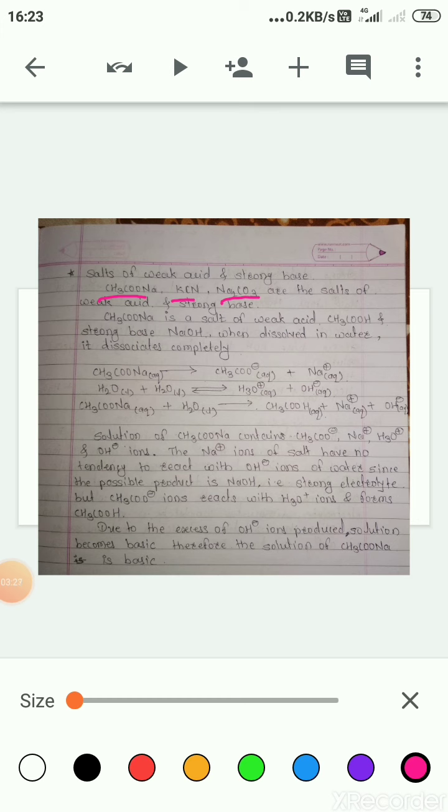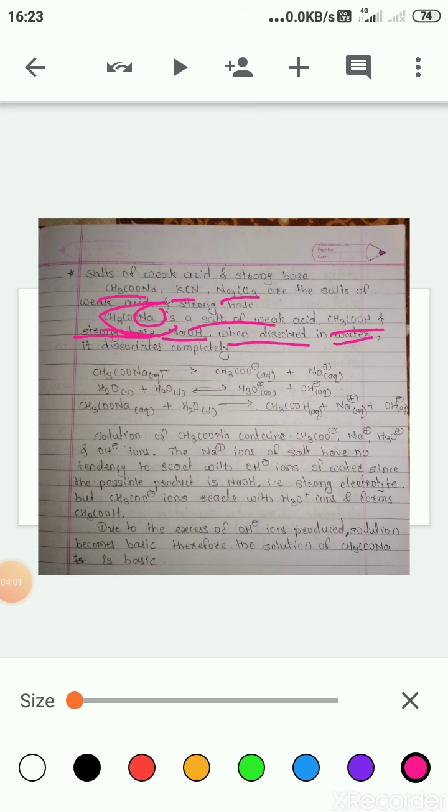So whatever example is given, first of all we have to write that the particular salt is a salt of weak acid and strong base. Here we have given sodium acetate, therefore the weak acid is acetic acid and the strong base is NaOH. As we have given Na here, therefore NaOH. If we had been given K, then we can write KOH.